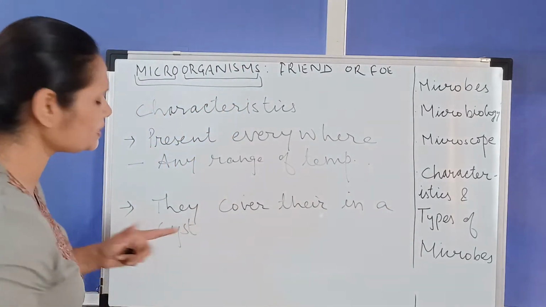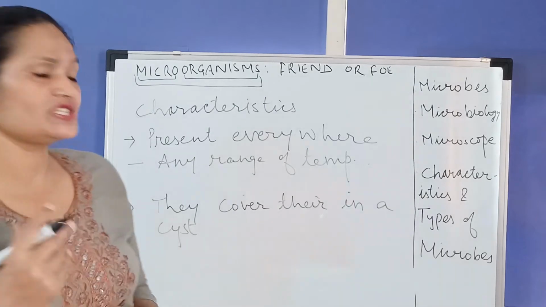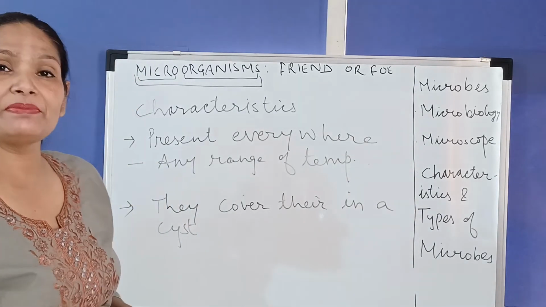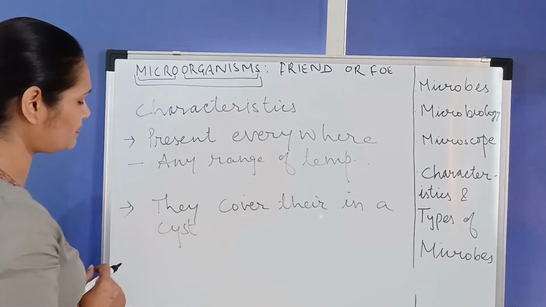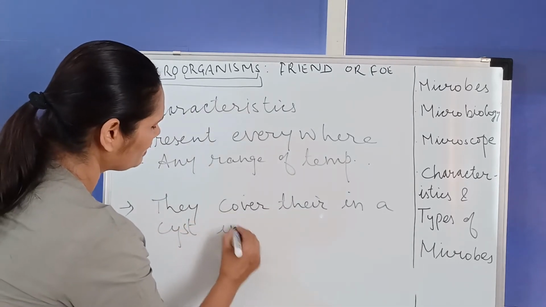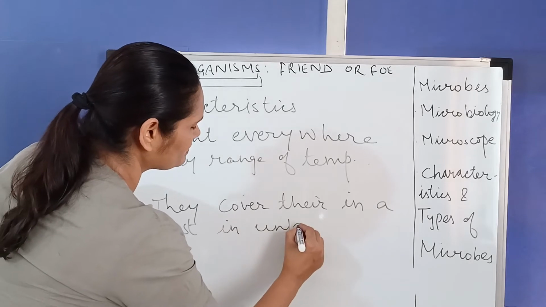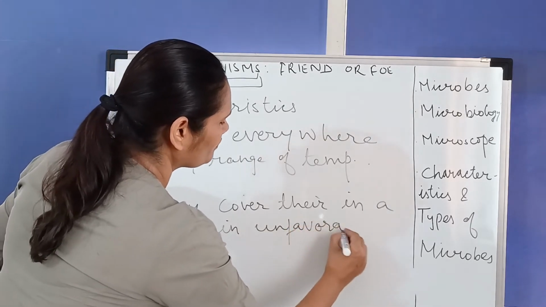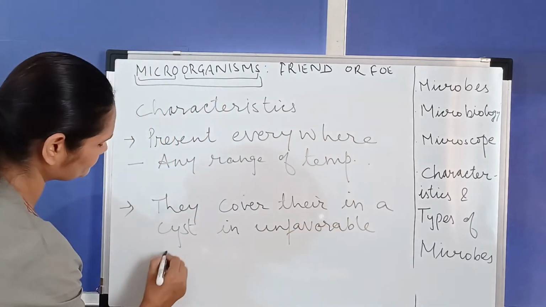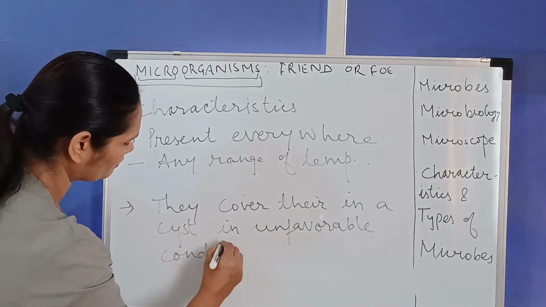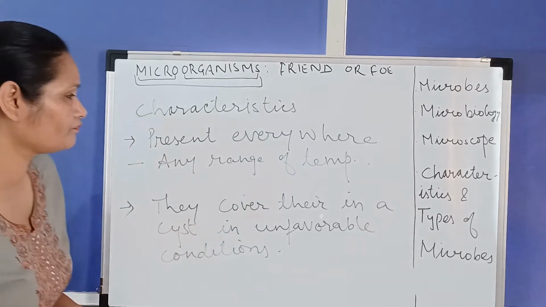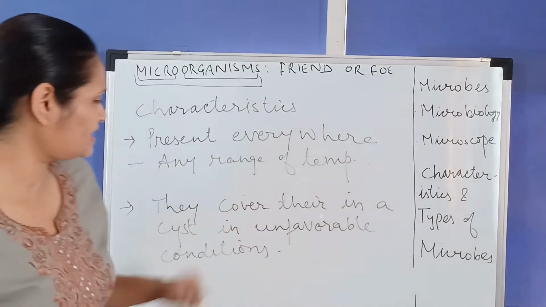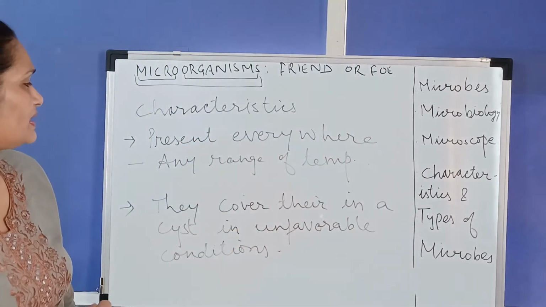Now when do they do this? Under extreme conditions, or when the conditions are not favorable. So they cover their body in a cyst in unfavorable conditions.